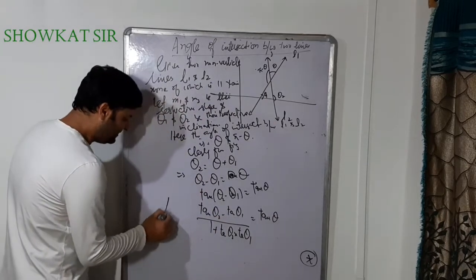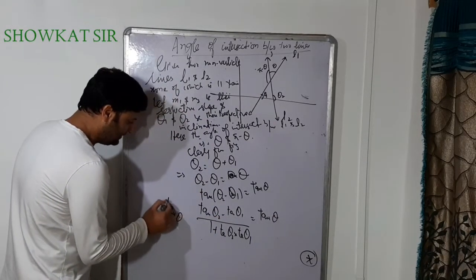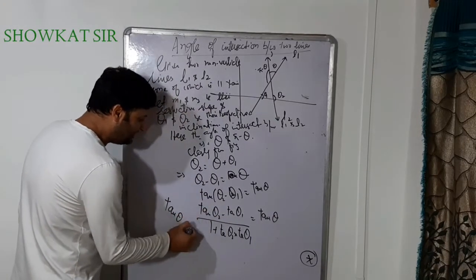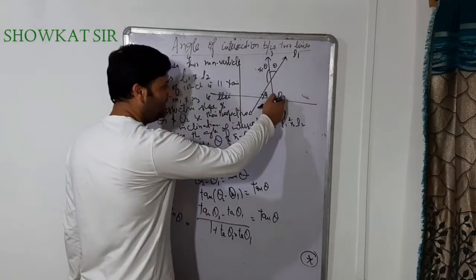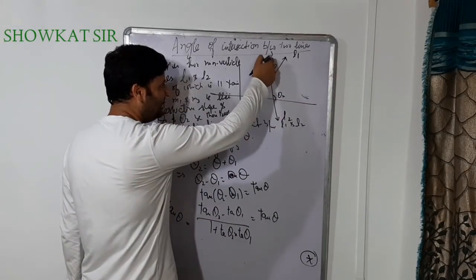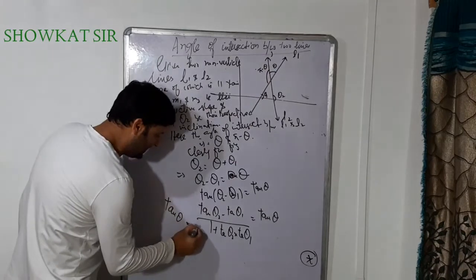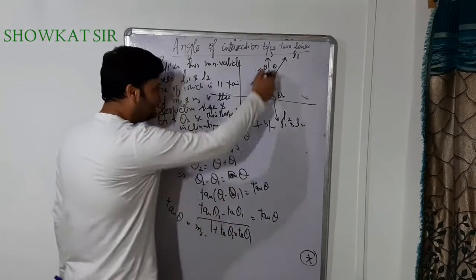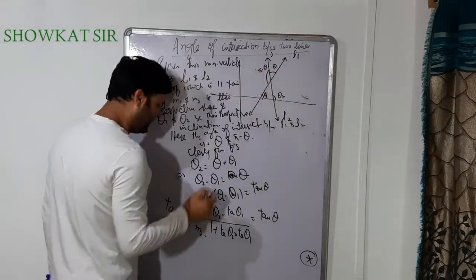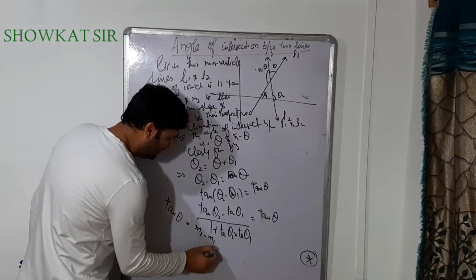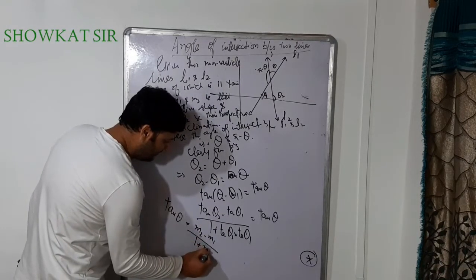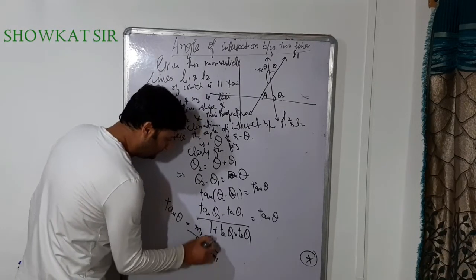Or I can write tan of theta is equal to, now tan theta 2 is the slope of line L2, that is M2, minus tan theta 1, the slope of the line L1, that is M1, divided by 1 plus M2 into M1.